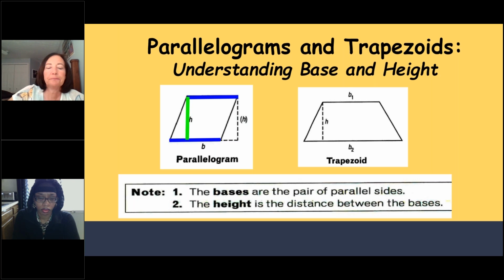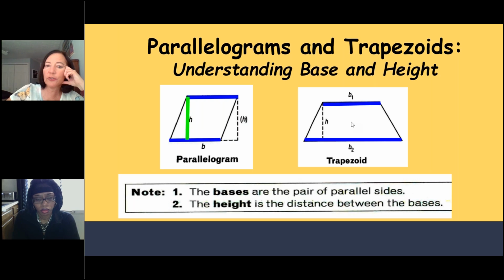we always have to calculate the height. The height will always be a perpendicular line, which means a line that goes up at a right angle to the base. And so we take the highest point of any figure. In a triangle, that's going to mean something different than in a parallelogram. For the parallelogram, you take the base times the height to get the area.